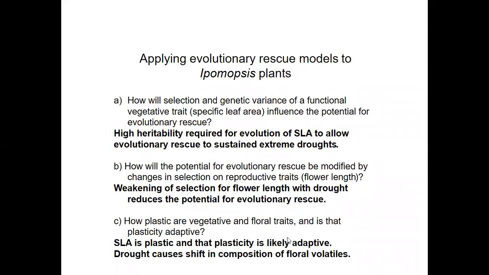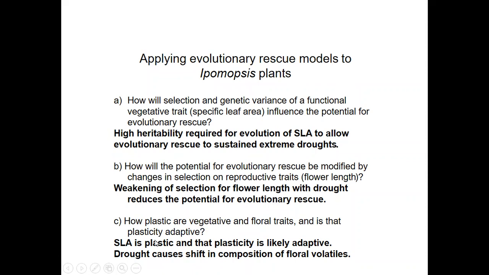All right, so in terms of the evolutionary rescue models, we've seen that high heritability would be required for evolution of specific leaf area to allow evolutionary rescue in response to sustained extreme droughts. Weakening of selection for flower length and possibly other flower traits with drought is going to reduce the potential for that process to occur.